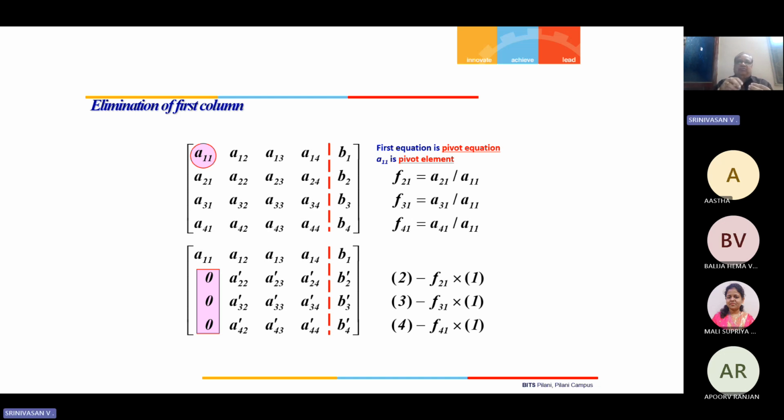Such elements, which are important and on which we rely, are the pivot elements. So naturally we will start with the first column, then the second column, then the third column, fourth column, and so on. Okay. So let us say the first column is the pivot column and the first row, first column element is your pivot element.